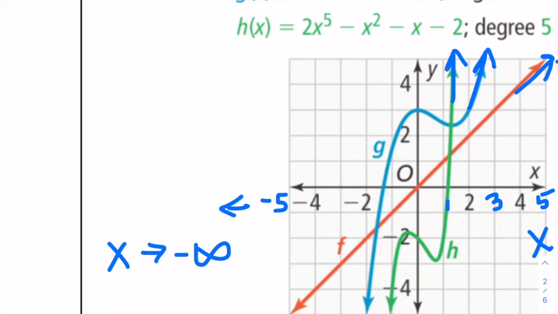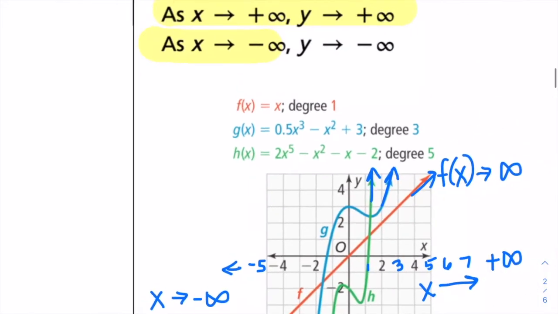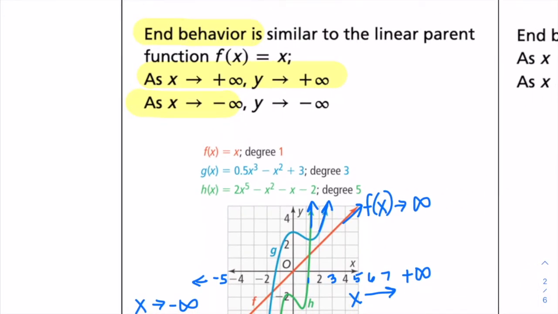Well, we can see all of these functions are going down. They're all going lower and lower and lower. So that means the y value is also going to keep going down to negative infinity. So that's what we mean when we talk about end behavior. If x is approaching positive infinity, y is approaching positive infinity. As x continues to go positively, y is going in the positive direction. And as x approaches negative infinity, y is going down towards negative infinity.